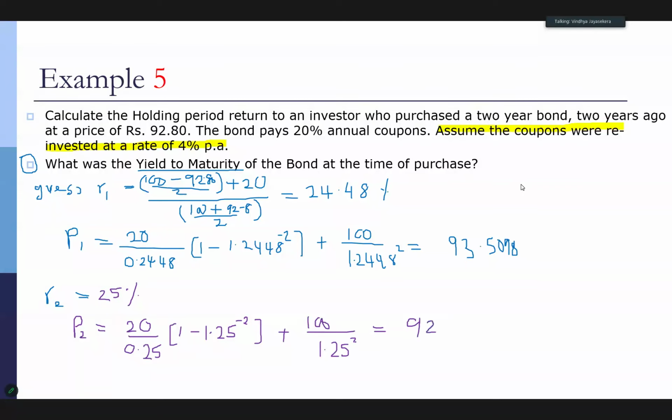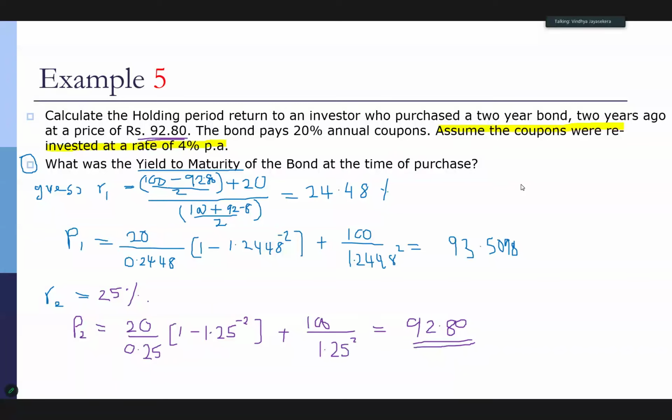Oh, it's exactly 92.80. Is that right? Then no further, nothing else to do. If you all guessed it right, meaning 25 is a fair guess, right? You can't guess it to say 94.56 and think that that is a guess, right? But 25 is a fair guess. So if that comes to exactly 92.80, that is your yield to maturity.